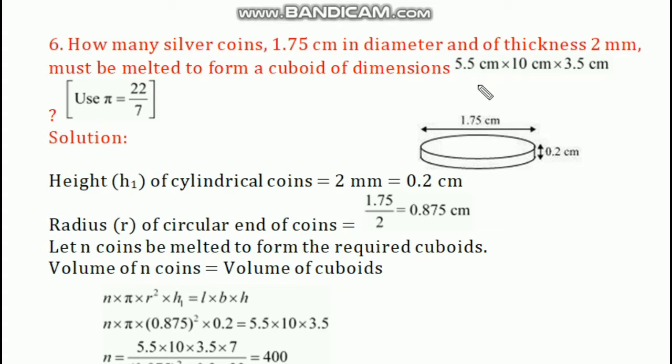Here we need to find the number of coins required to melt to form a cuboid of dimensions 5.5 into 10 into 3.5. The coins are cylindrical in shape, so the volume of the coins is equal to the volume of the cuboid.